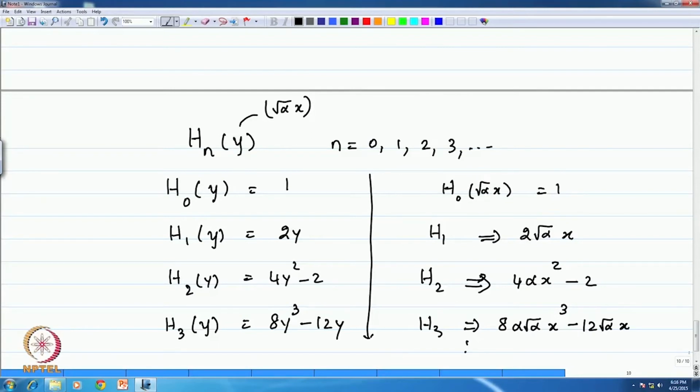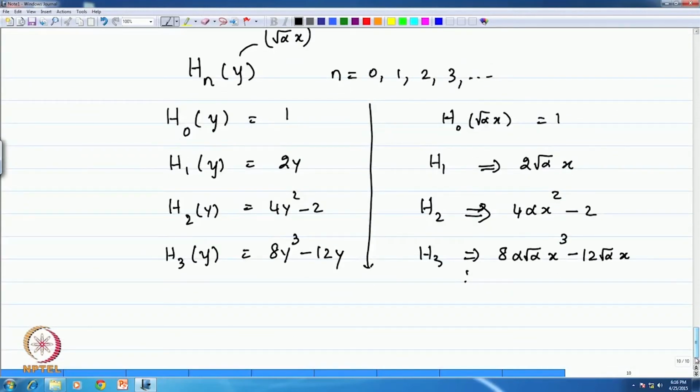There are relations that the polynomials satisfy between Hn, Hn plus 1 and Hn minus 1. There is a relation called the recurrence relation. The recurrence relation between these is also known in mathematics.